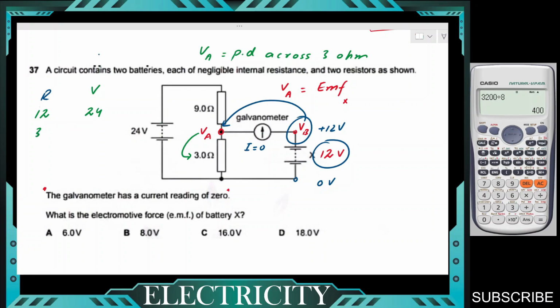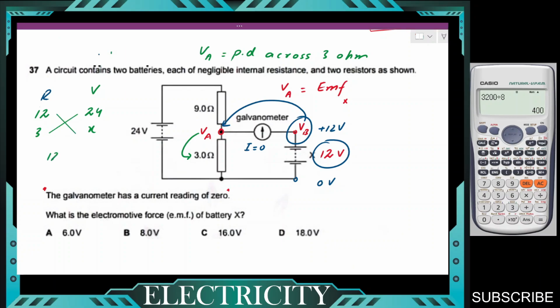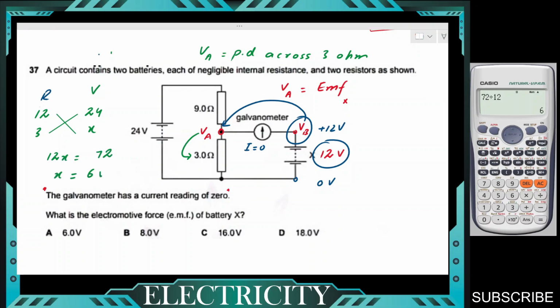So across 3 ohms it would be X, and we can just cross multiply. Does not get easier than that. So 12X equals 6 volts. Across this one you'll be having 6 volts, and the leftover would be provided to 9 ohm.